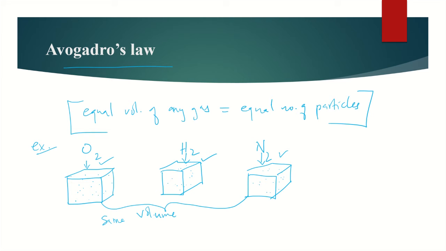Now if we count the number of oxygen molecules, hydrogen molecules, and nitrogen molecules, we will find that they contain an equal number of particles, or an equal number of molecules.